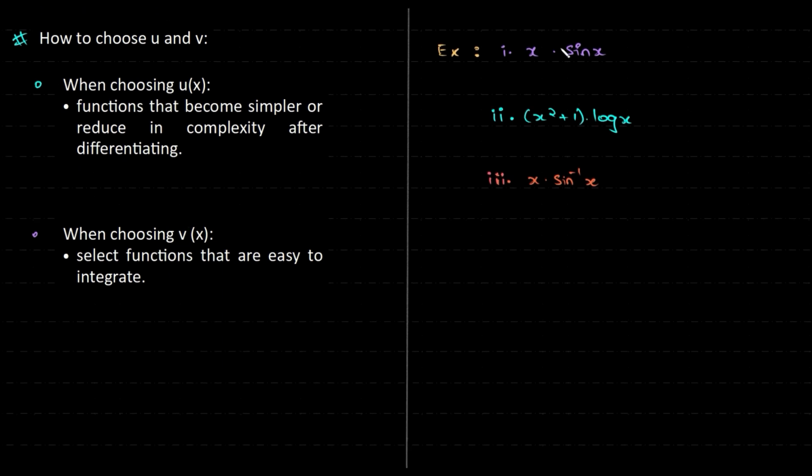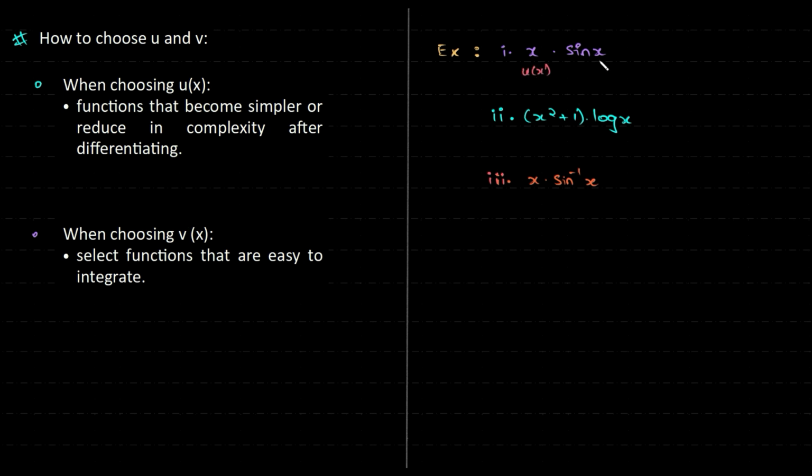So I have a bunch of examples. Let's use this. In this case, which should be u and which should be v? Think of all the 3 scenarios, pause and think of it. This is how you learn. Okay, let me start off with the first question. It should be easy, or it should be reducing in complexity after differentiation. Obviously it has to be yes.